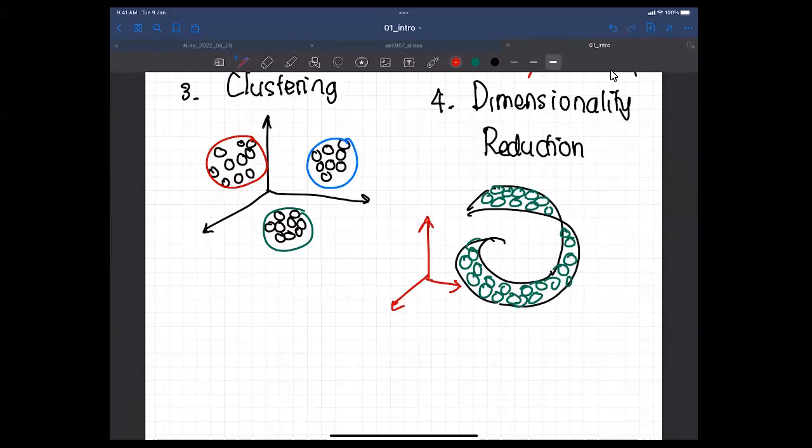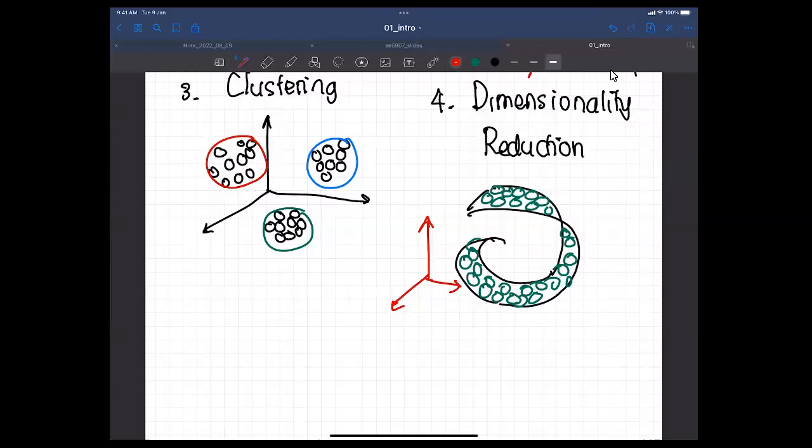What does it mean by dimensionality reduction here? It means that the original dimensionality of the data, in this case, is 3D. You have X, Y, and Z.